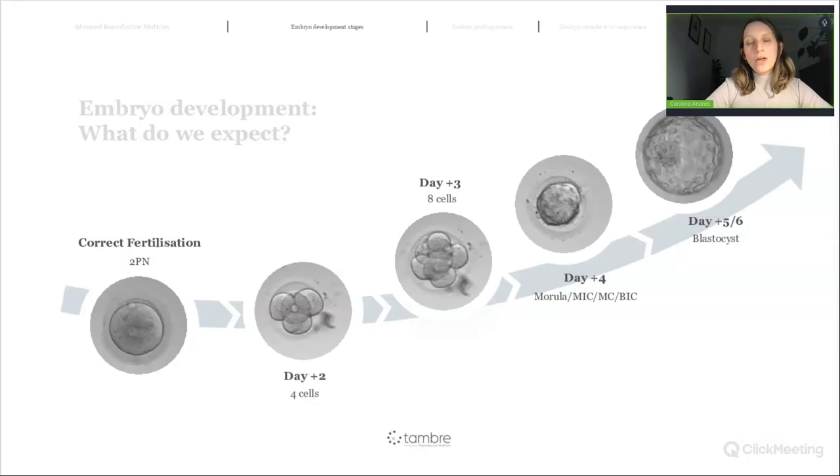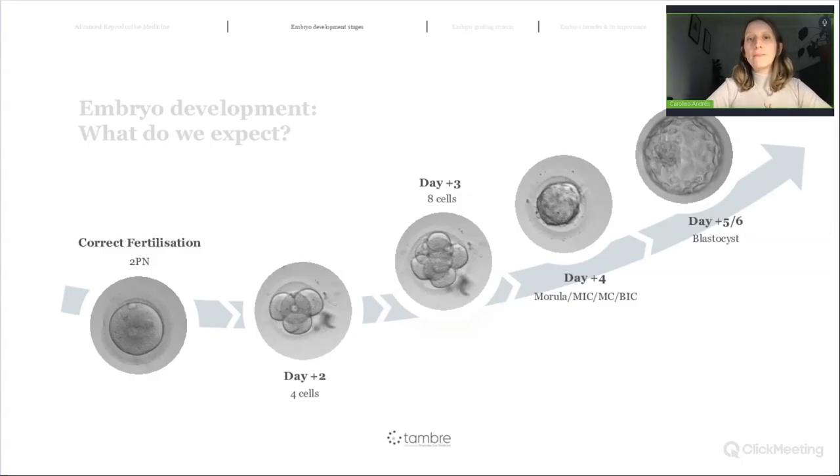Up until now, the one responsible for the divisions was the oocyte, but from this point onwards, the sperm is going to take a role. At this point, we can find embryos at different stages. We can find embryos at the morula stage, which are embryos with more than 10 cells.